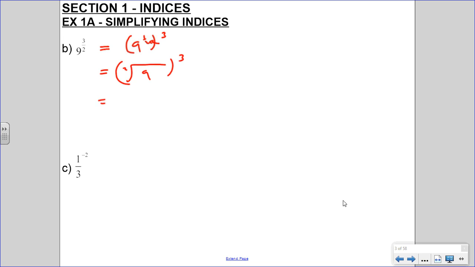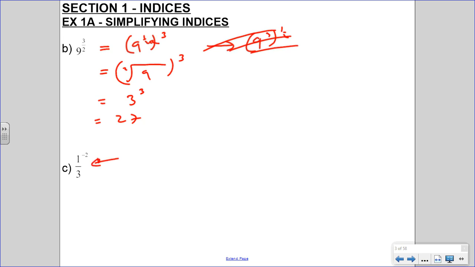The square root of 9 is 3, and 3 cubed is 27. If we did it the other way around, 9 cubed all to the half, 9 cubed is a big number. 9 times 9 is 81, times that by 9, we're getting really big numbers, so it's not very convenient. It's much easier to square root the 9 first.